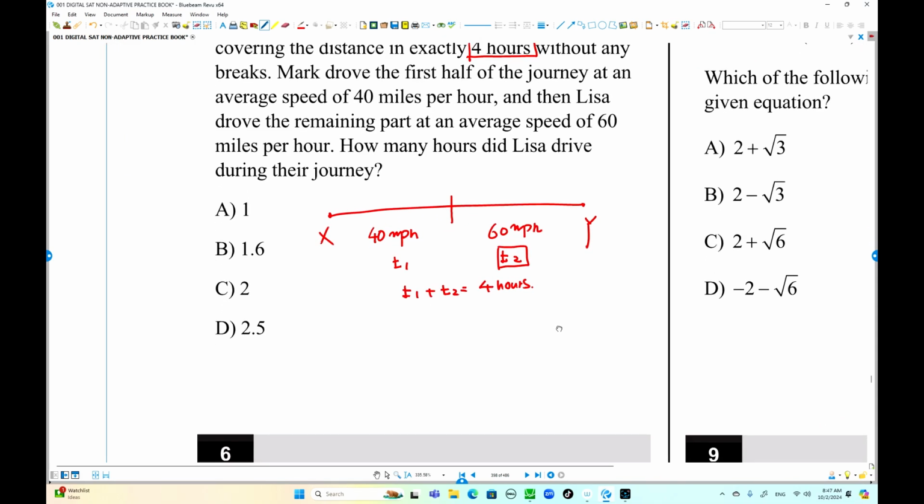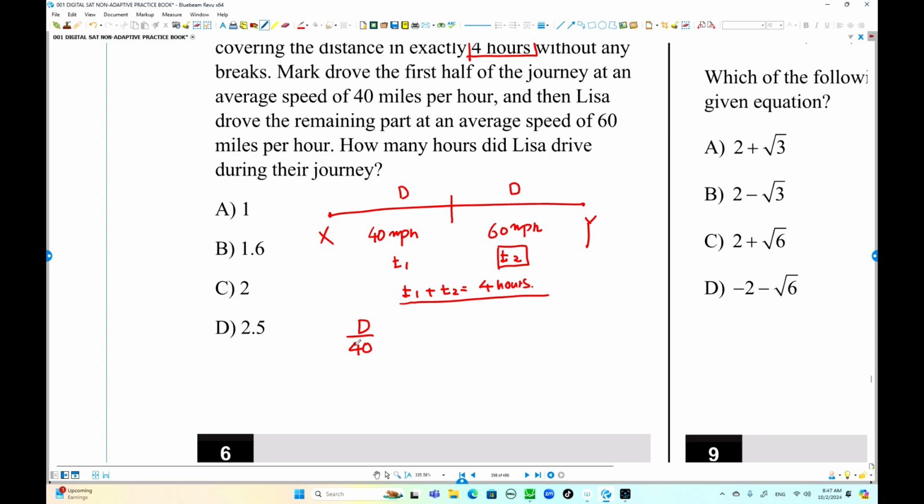So there are several ways, but I'm going to go this way. First, I'm going to find the distance, okay? Distance is d, the total distance is 2d. Okay, because this is a constraint over here, right? The sum of times is 4 hours. So first half, T1 equals how much? d over 40 speed, that's the hours, right?